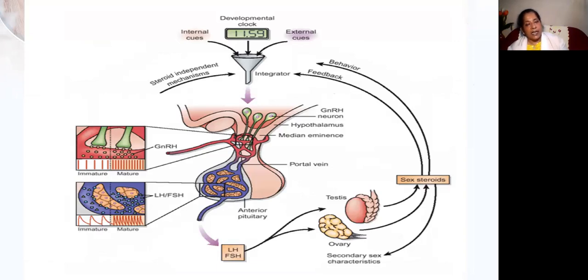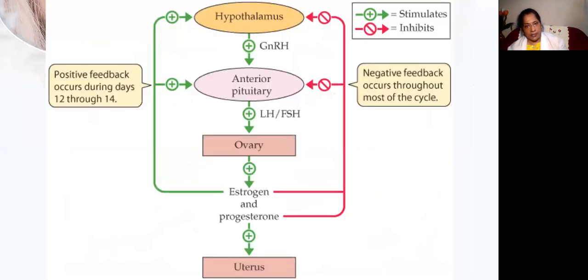There are internal as well as external effects which help in increasing the levels of releasing hormones from the hypothalamus, which act on the pituitary, and then subsequently on the end organs, that is the ovary. So this is how stimulation of the anterior pituitary, release of LH and FSH, which act on the ovary, which are responsible for estrogen and progesterone, and these in turn are responsible for various changes.